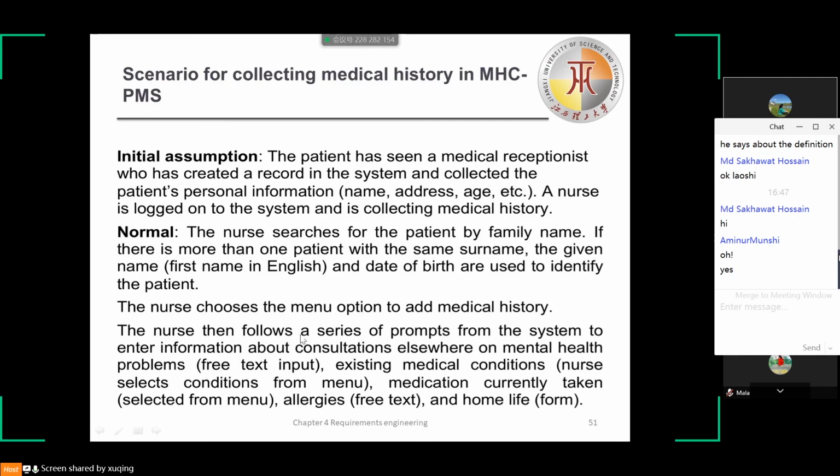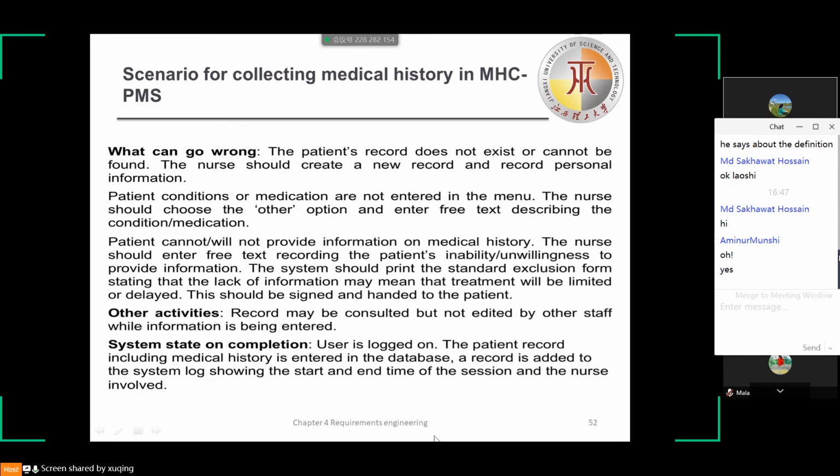Later, we need to follow a series of prompts from the system to enter information about consultations, mental health problems, etc. And as we have seen before, we need to also include a description of what can go wrong and how the problem is handled. Here, in this scenario, we say that the patient's record does not exist or cannot be found.